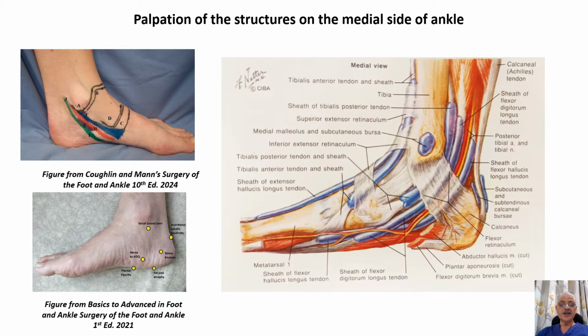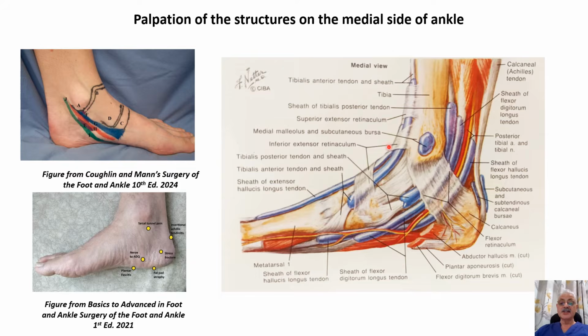After finishing the anterior joint examination of the ankle, I move towards the medial side, where I look if there is any tenderness in the medial malleolus, which may be due to a stress fracture, infection, or any neoplastic lesion in this region. From here, the deltoid spans in various directions towards the navicular, the spring ligament, and the sustentaculum tali.